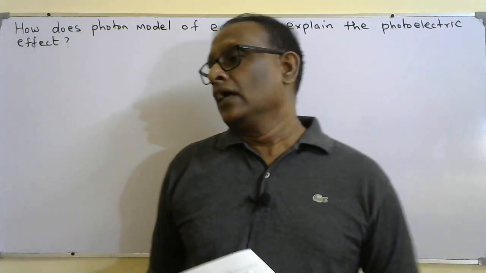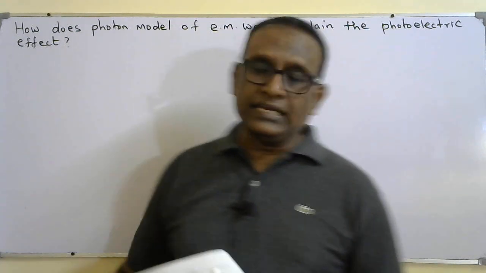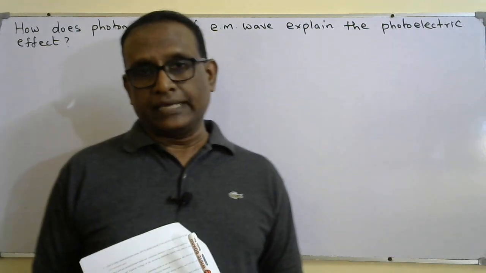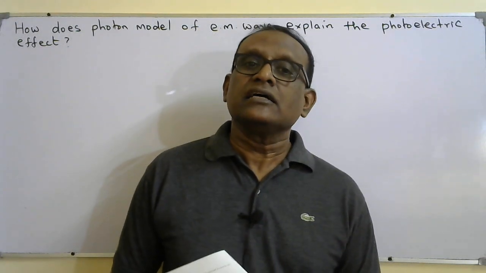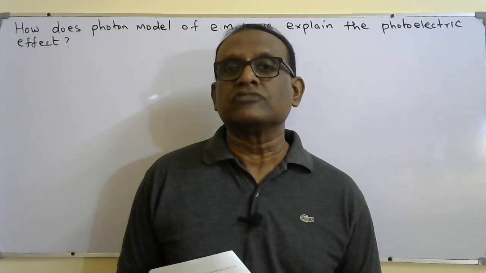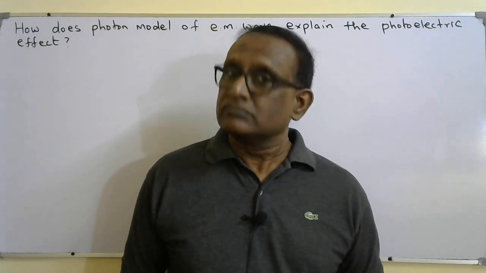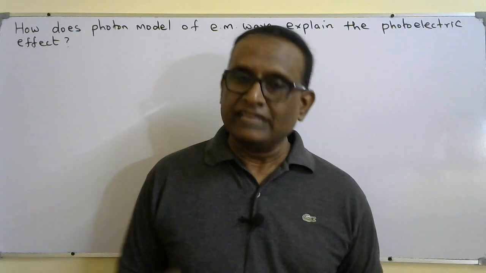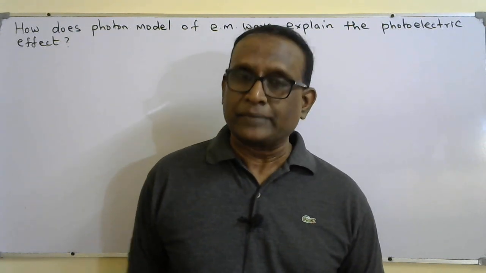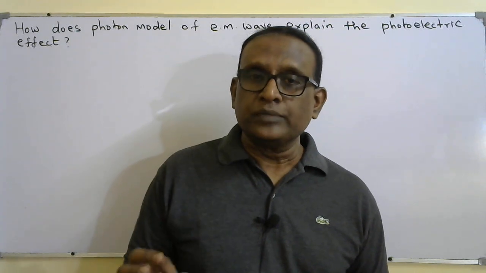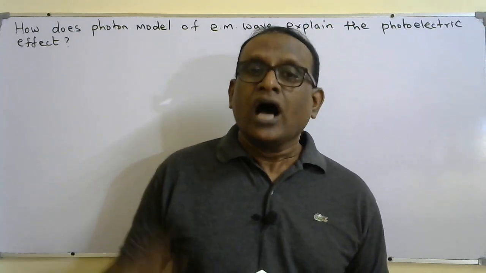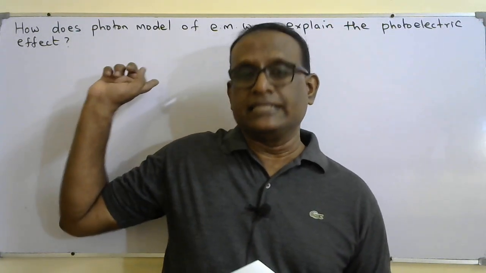First failure: wave theory says any frequency of radiation can remove electrons from metal regardless of the frequency. But practically they found that to remove an electron the frequency should be above a particular value. How is it explained by this model?